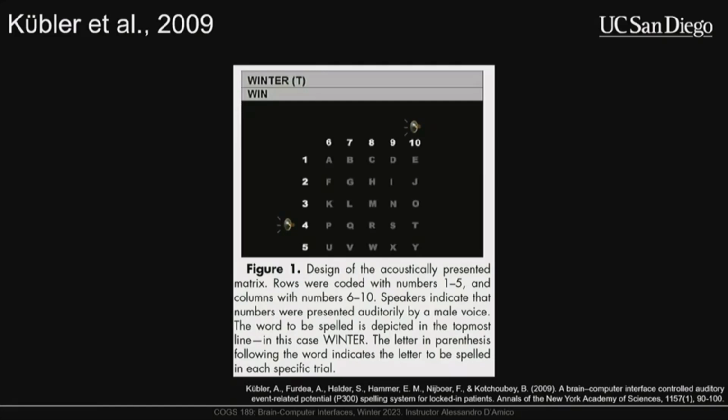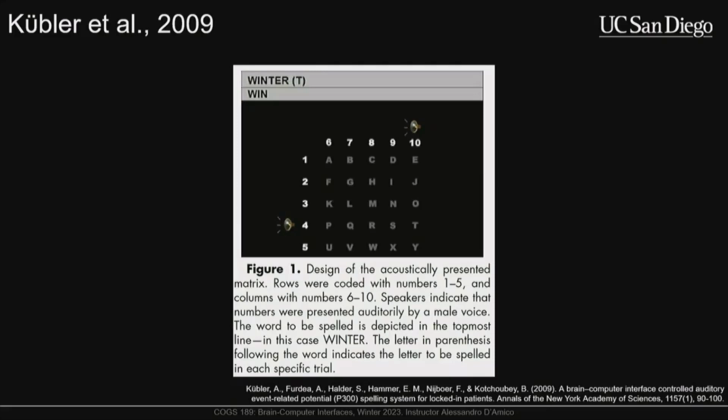And just like in the visual matrix speller where they would flash entire rows and entire columns, they would, in this case, give you the sound cue of the number of each row or column. So it'd go 1, 7, 4, 10, and so on. And exactly the same way that you would probe to see which letter was correct in the visual grid speller, you look for the intersection of where the highest row classification was and the highest column classification was, and pick that as your letter.